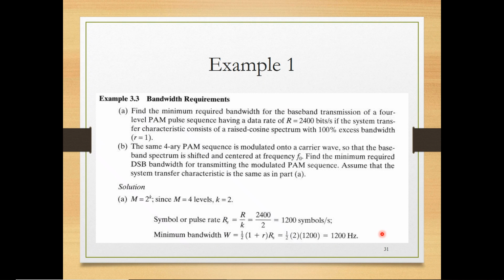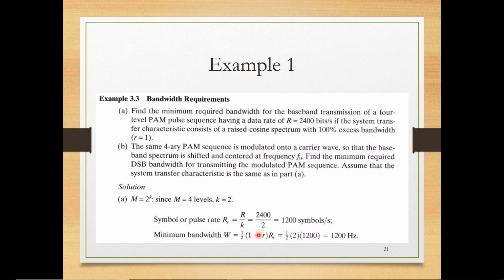Now, what is point number 2 of the question? The same for M-ary pulse amplitude modulation: the sequence is modulated onto a carrier wave so that the baseband spectrum is shifted and centered at frequency F0. When you go to a high carrier, what's the bandwidth? The bandwidth becomes twice as much, obviously, before I solve it.